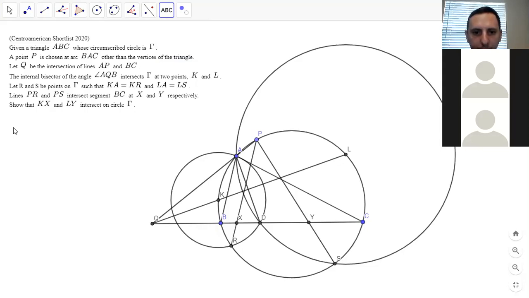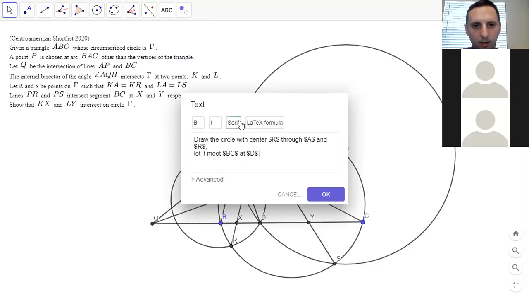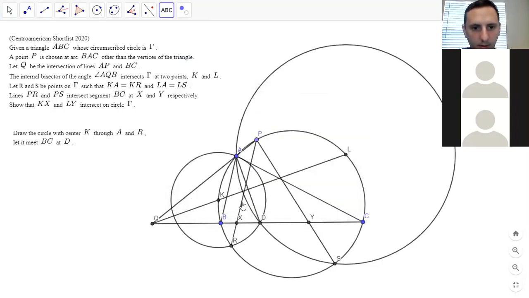So draw the circle with center K through A and R. Let it meet BC at D. Then we have KA equals KD, and so LA equals LD.